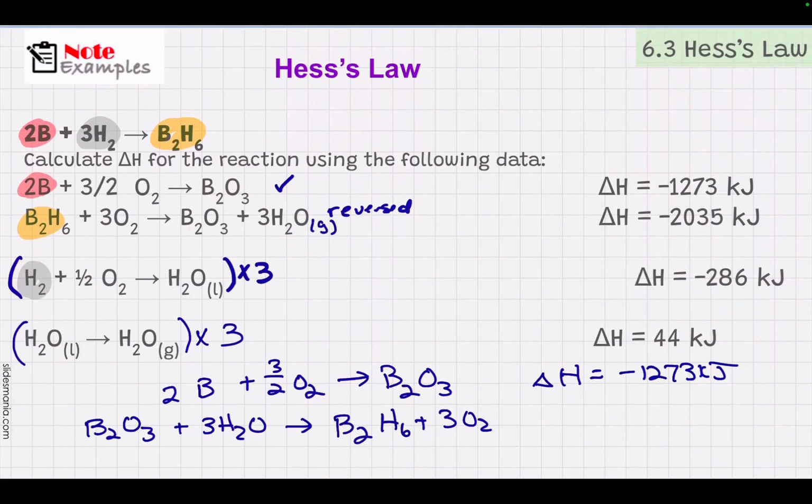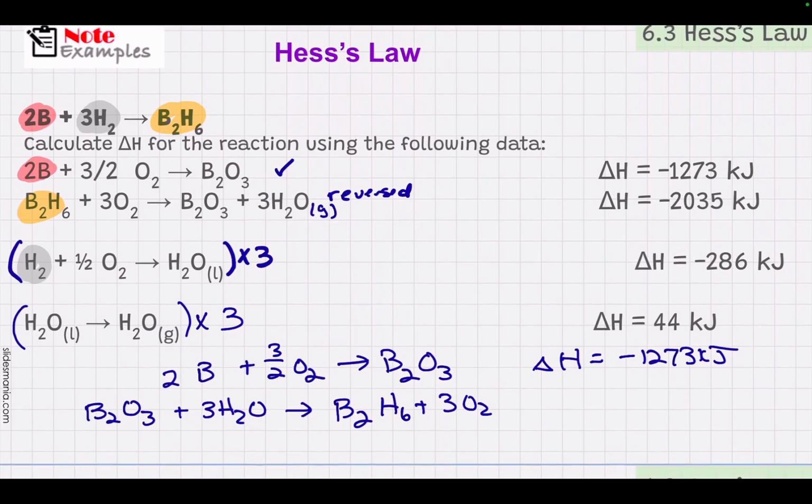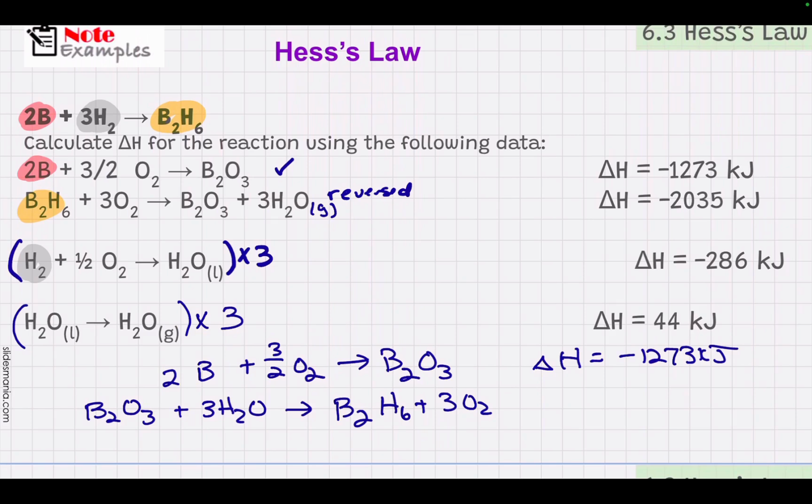So the state of matter matters if there's more than one of the same substance with different states of matter. So that one we reversed it. So the delta H is going to be positive 1273. Oh, I think I wrote, just wait, I'm off by one. So the first one was fine. We kept it the same. Oh, second one is reverse, so it'll be positive 2035.